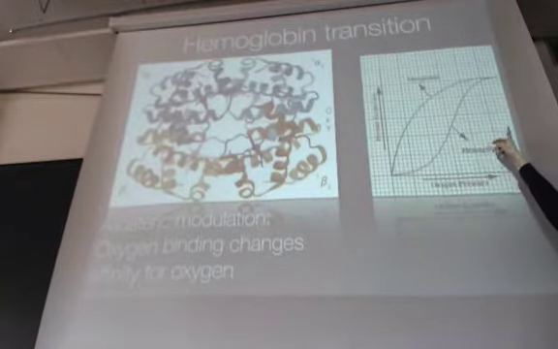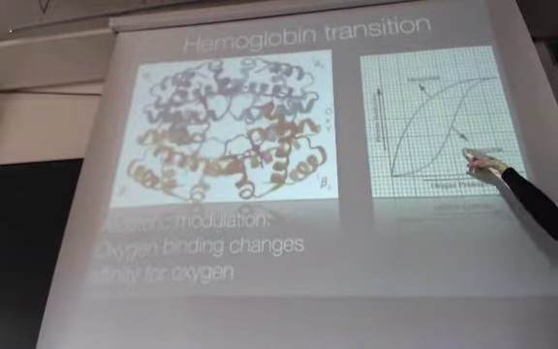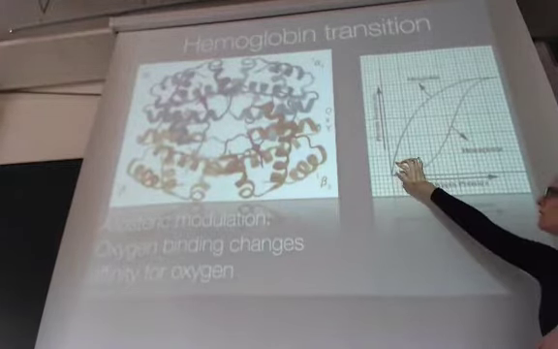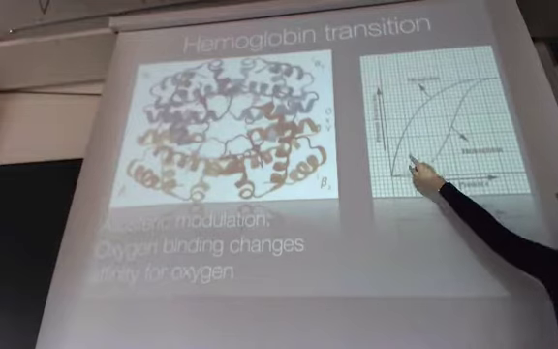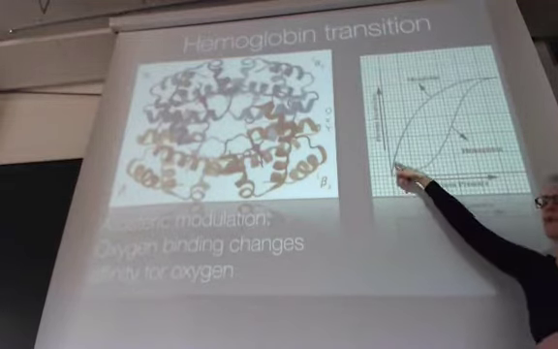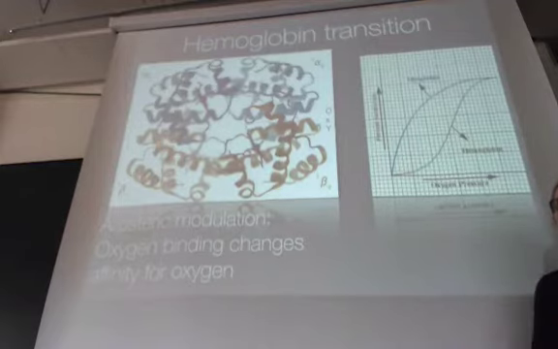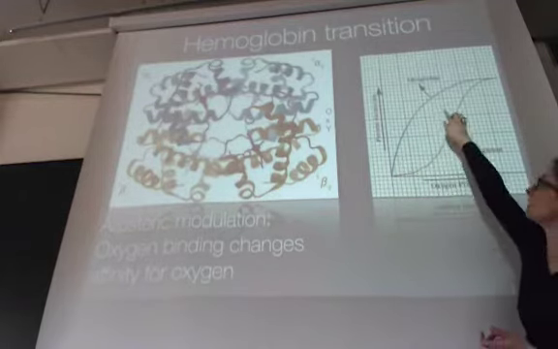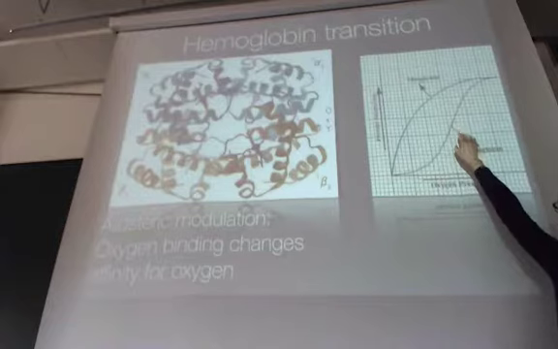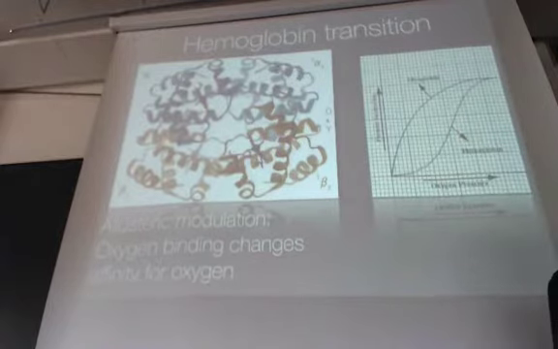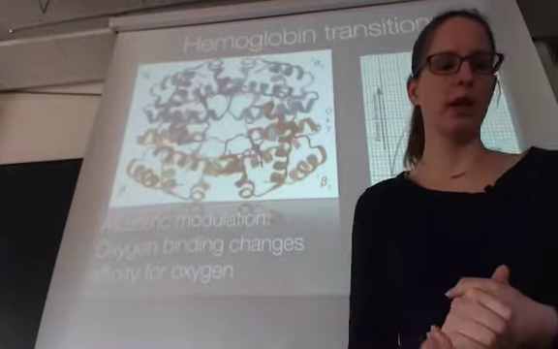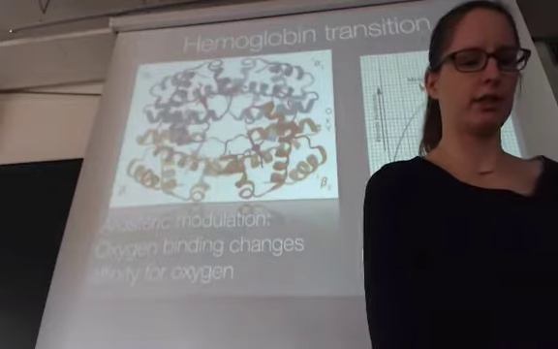See how it's sigmoid? A typical binding curve looks like the blue one. You start with a really high affinity, and then as you're populating more and more the binding sites, you get a lower affinity, right? So the red one is characteristic of cooperative transitions.